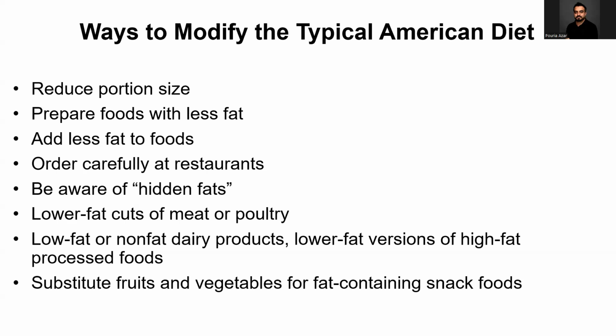We can substitute fruits and vegetables for fat-containing snack foods. If we are feeling hungry between meals, it's better to eat some fruits or vegetables instead of fat-containing snack foods.